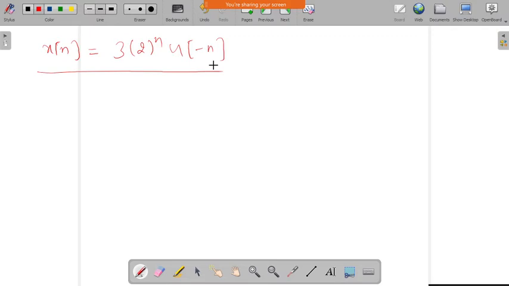Yes, and one more property you need to think about, because there are two signals. Linearity. Yes, so because there are two signals, you need to use both linearity as well as the time reversal property. So try to apply that and tell me the answer.